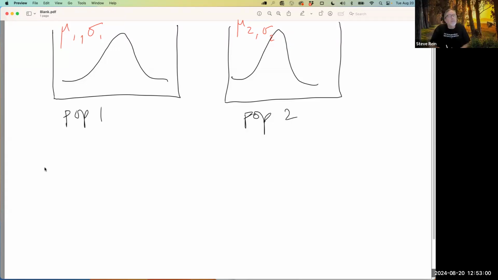Just a quick tech note here. Our book walks you through a whole thing called a pooled t-test, which says, what if you are willing to assume that sigma 1 and sigma 2 are actually the same? I know of no one who uses that method that our book starts you with.